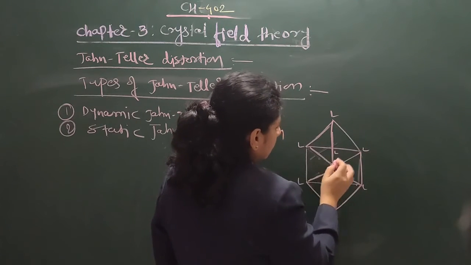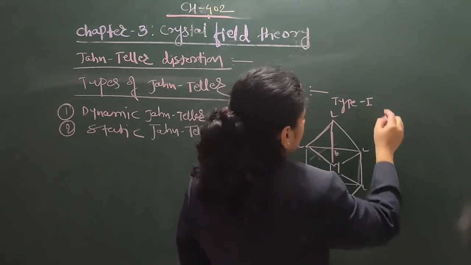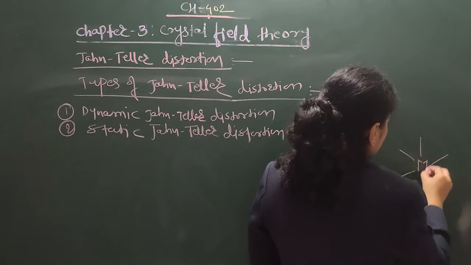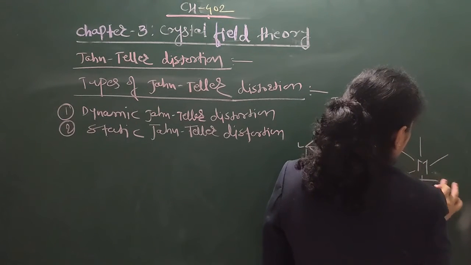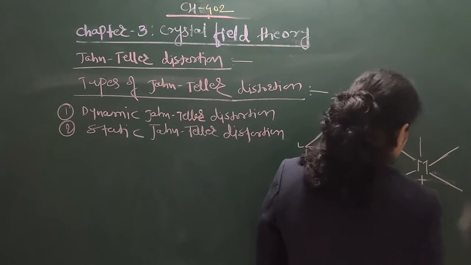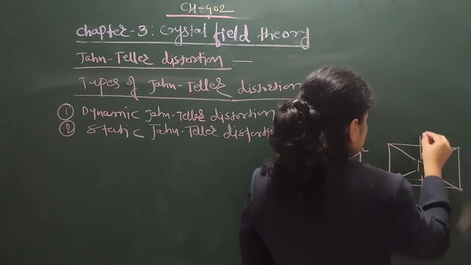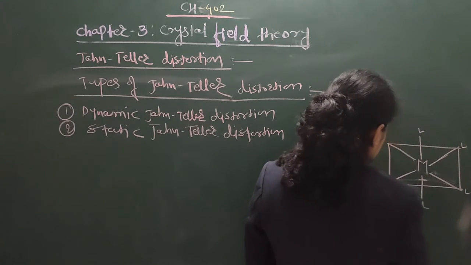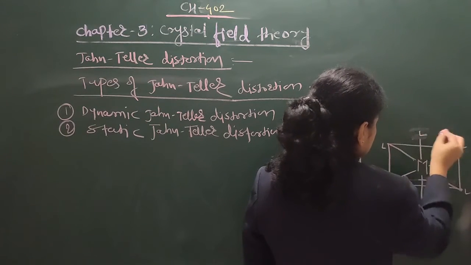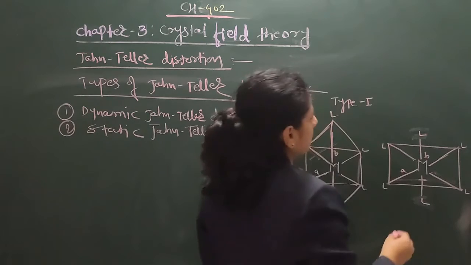This is B, this is A. So this is the type first, and this is type second.